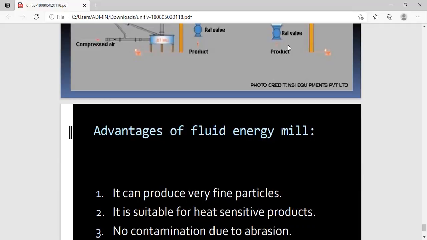So we use the proper process that is suitable to the type of material, whether it is hard or soft, and the parameters that we have discussed earlier. Those parameters have to be considered while choosing the proper comminution equipment. If there are any doubts, we can discuss this later.